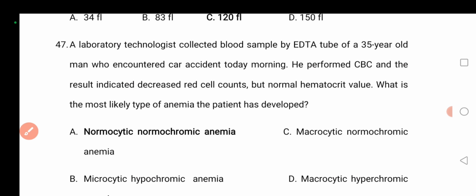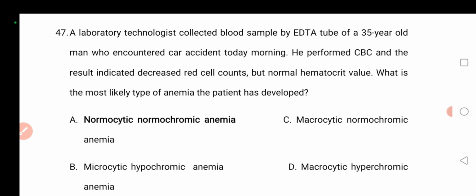Number 47 says a lab technologist collects a blood sample in EDTA from a 35-year-old man who had a car accident this morning. He performed a CBC and the result indicated a decreased red cell count, but a normal hematocrit value. What is the most likely type of anemia the patient has developed?